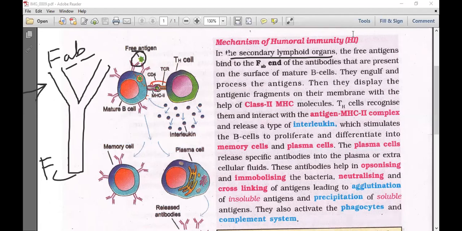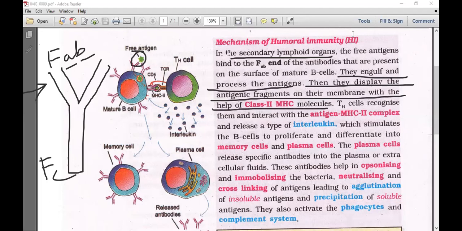The free antigens bind to the FAB end, and on the surface of the mature B cell, they engulf and process the antigen. Then they display the antigenic fragments on their membrane with the help of class 2 MHC molecule, meaning at that time they are acting as APC, antigen presenting cell. Then the T helper cell recognizes them and interacts with the antigen-MHC2 complex.